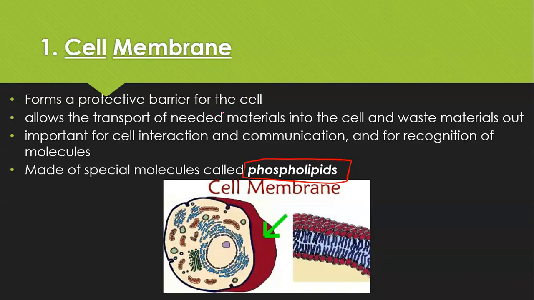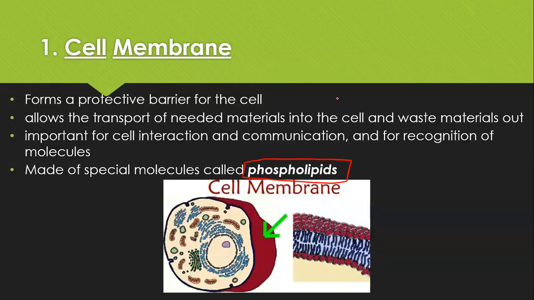Okay, it's a great barrier, and it allows certain things in and certain things out, but other things it does not allow in and out. Water has a hard time passing through the cell membrane by itself, as well as things like ions. Now, attached to the cell membranes are lots of different proteins and glycoproteins that allow the cell to communicate and interact with other cells and to be recognized by other cells.